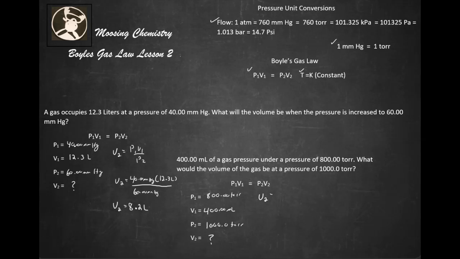So V2 equals P1V1 over P2. So we isolate for our V2 variable, and we're going to put in our numbers.